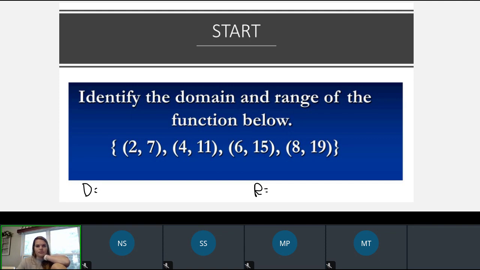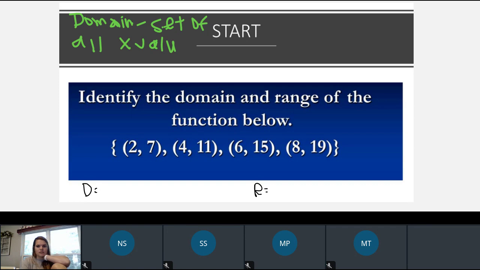I will write that up here. Man, my pen is so laggy today. Okay. Domain: set of all X values.